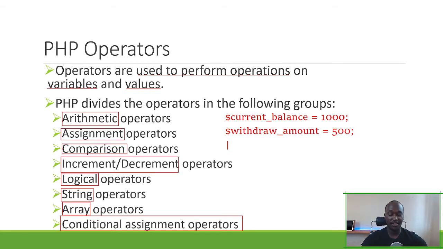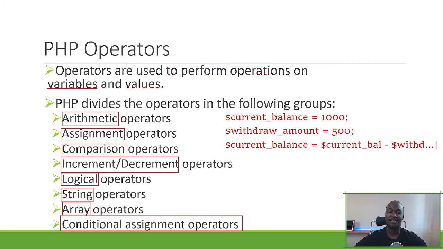Therefore you can do something like current balance is equal to current balance, let me just call it bal, minus the withdraw amount. I hope you get it.